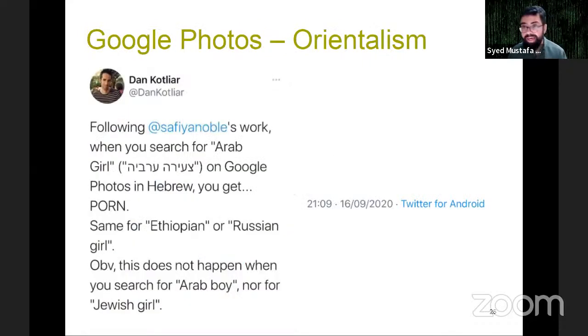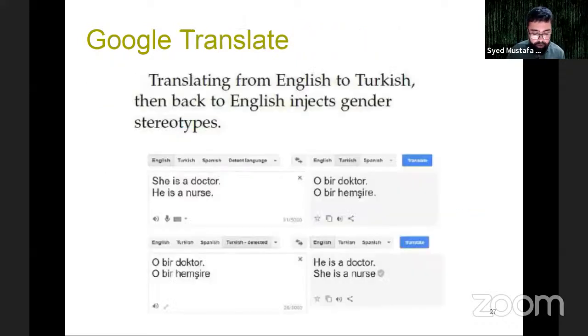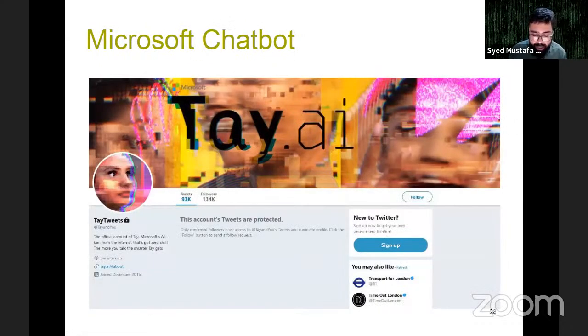Google's photo app, again, which returns pornography when searching for Arab or Russian or Ethiopian girl in the Zionist settler colonial state of Israel. Gender switching in Google Translate as one translates to and from certain languages. Microsoft's Tay, an AI chatbot, which was released via Twitter in 2016, and which proceeded to generate racist, sexist, and anti-Semitic pro-genocide messages.